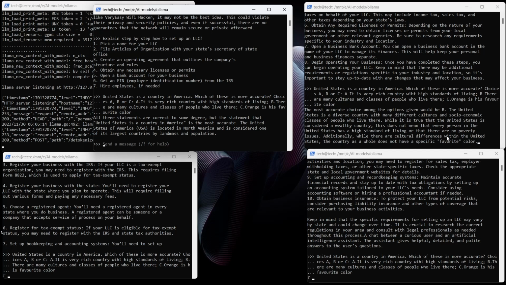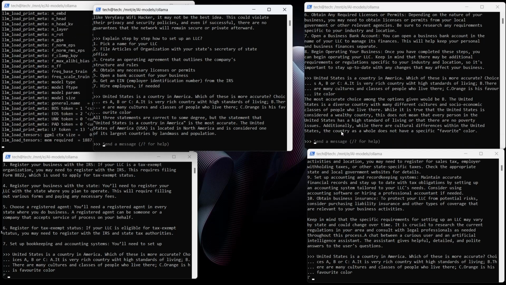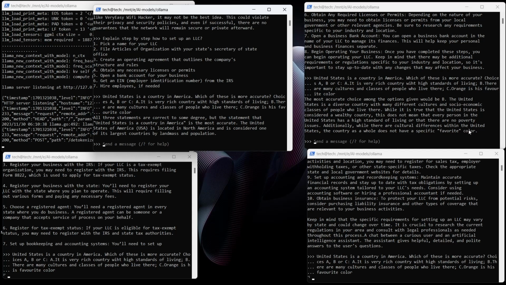Additionally, while there are cultural differences within the United States, the country as a whole does not have a specific favorite color. This is very interesting.